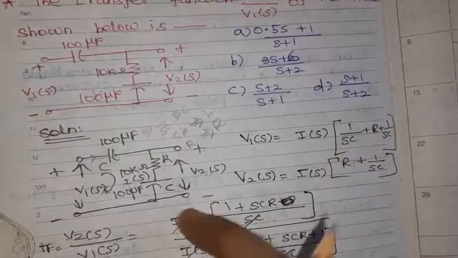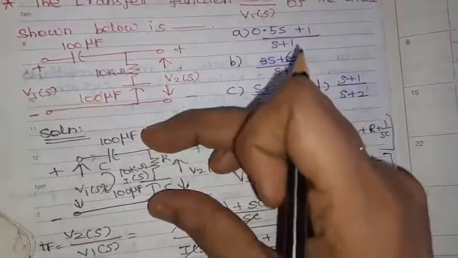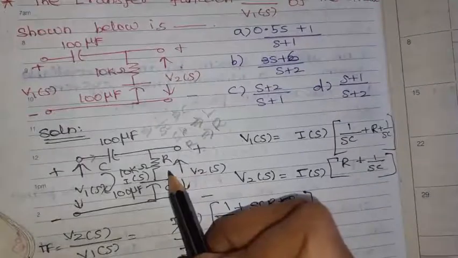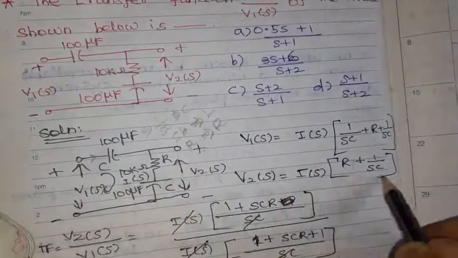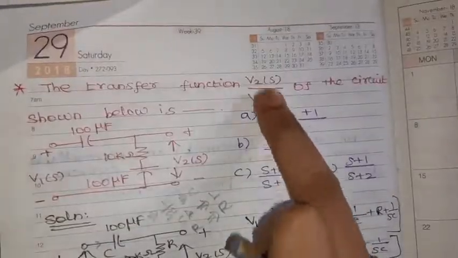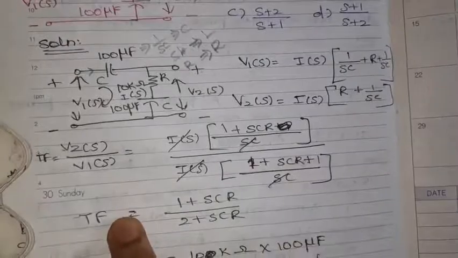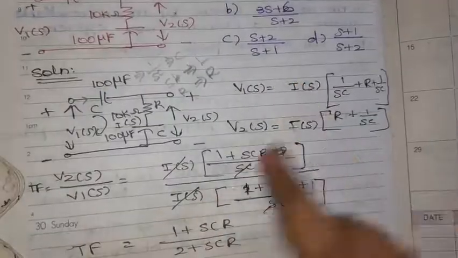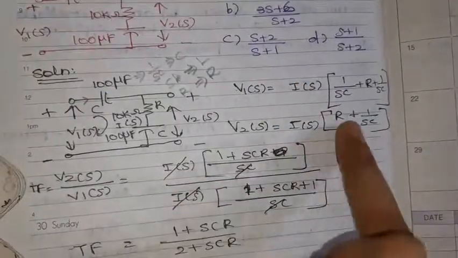So what is V2 of S? V2 of S is nothing but I of S flowing through this one, so I of S into (R plus 1 by SC). Now what we need is V2 by V1, which is this by this division. So I of S gets cancelled.